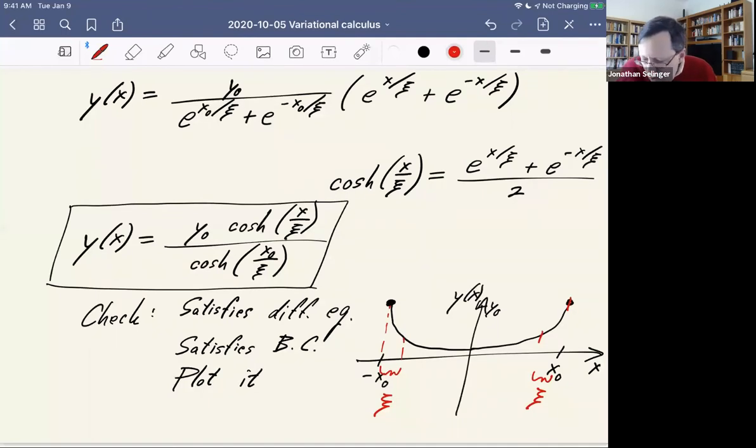So we can interpret that the way that the racer would think. The racer would say, I'm starting off up here, and I want to get down to the valley pretty rapidly, over a length scale of psi. And then I stay near the bottom of the valley for most of the distance.